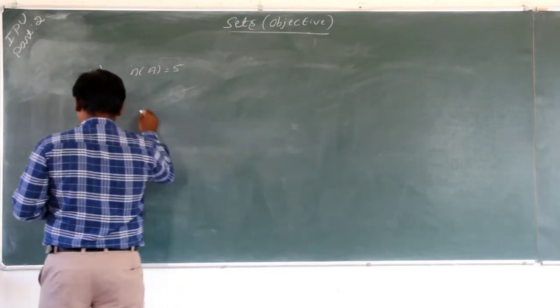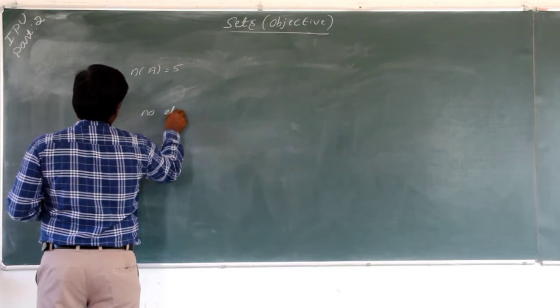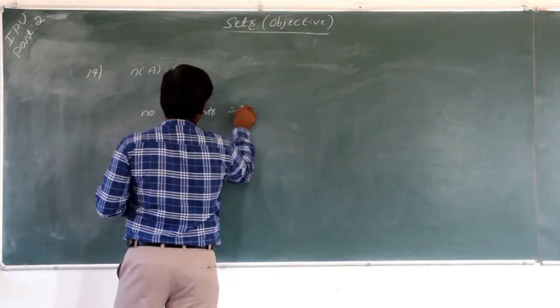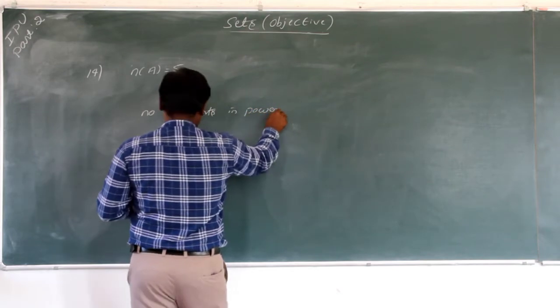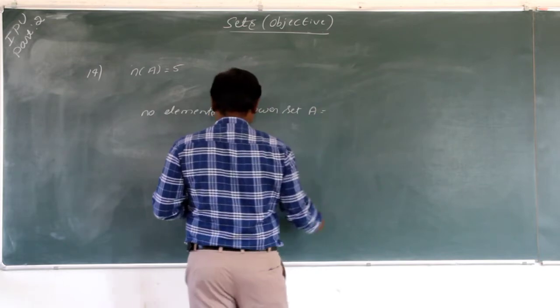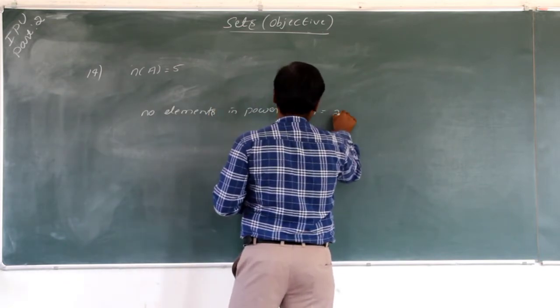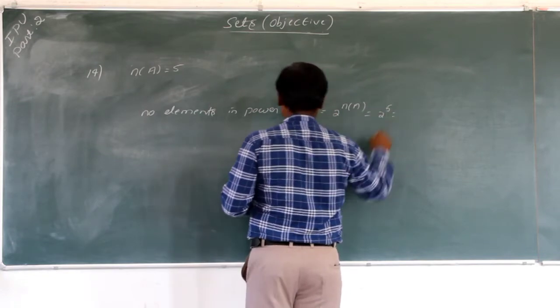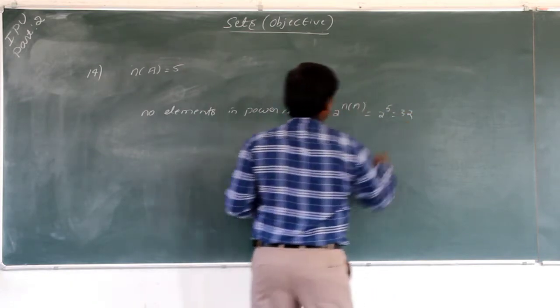So we need to calculate the number of elements in power set A. That is nothing but 2 to the power of n of A, which is 2 to the power of 5. So this is nothing but 32.